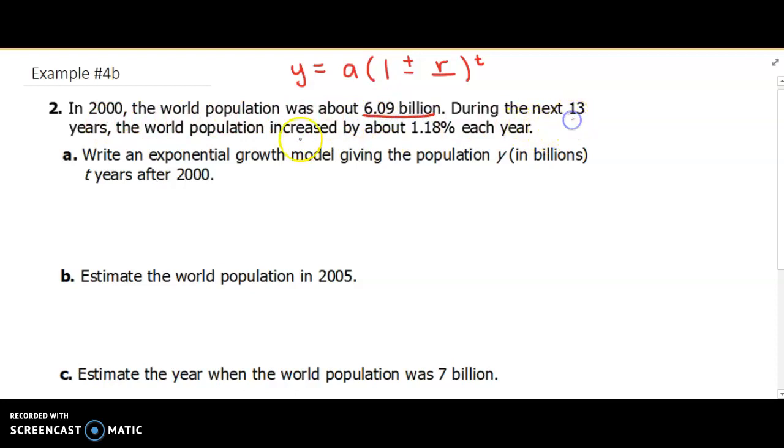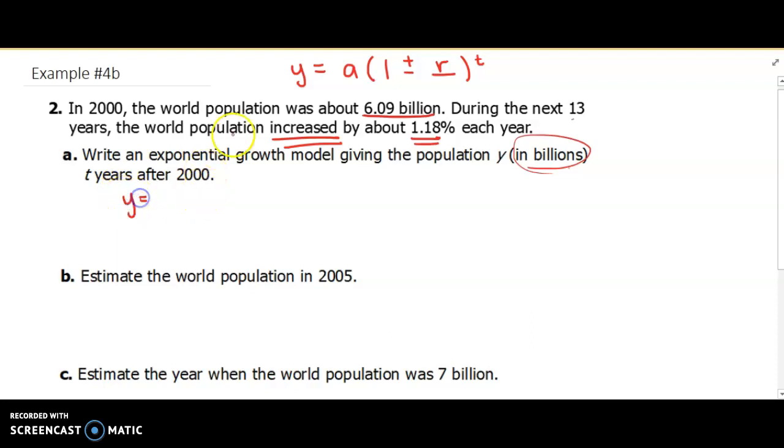During the next 13 years, the world population increased by about 1.18% each year. So here's our rate, and here's our starting point. Write an exponential growth model in populations. Notice, it's already going to be in billions, so we could just write 6.09, t years after 2000.